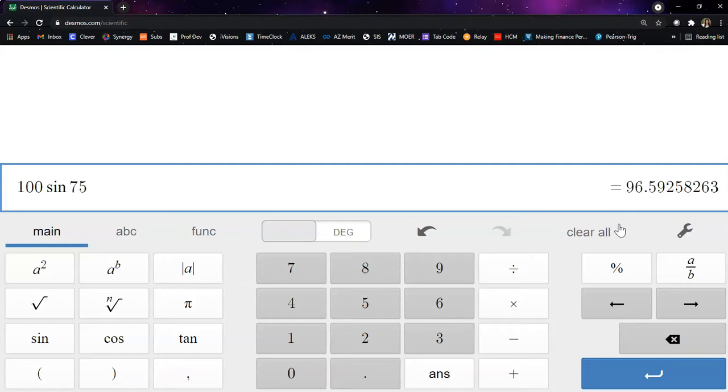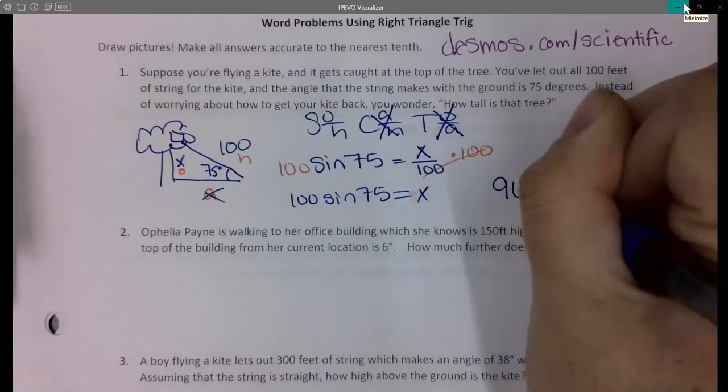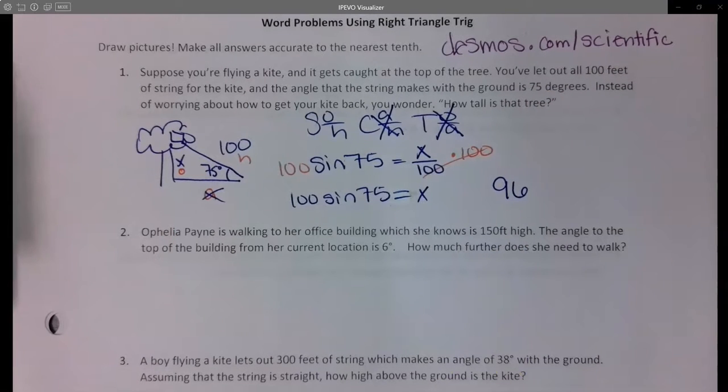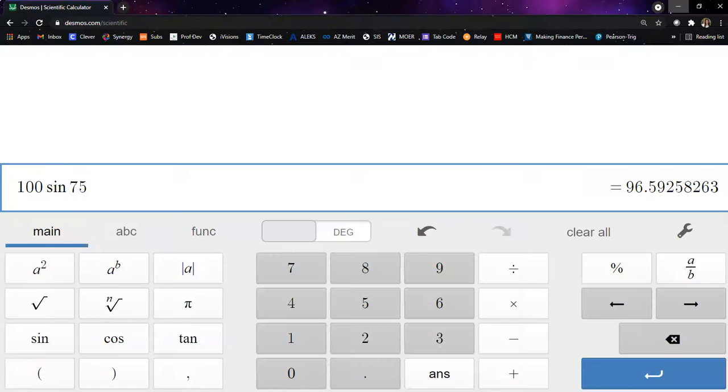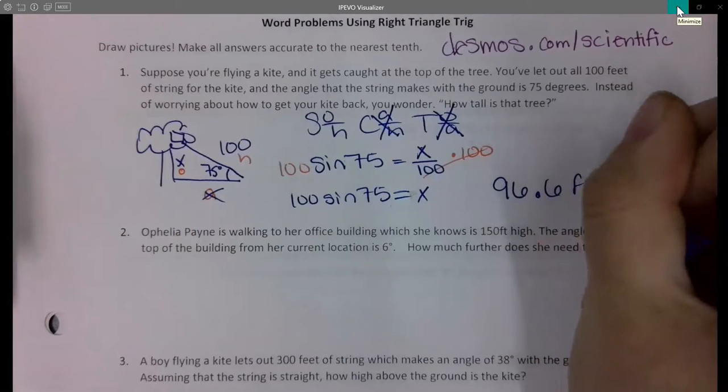Which gets me 96.59. The problem wants me to round to the nearest tenth, which is 1 decimal place. So I'm going to have 96.6 feet for my answer.